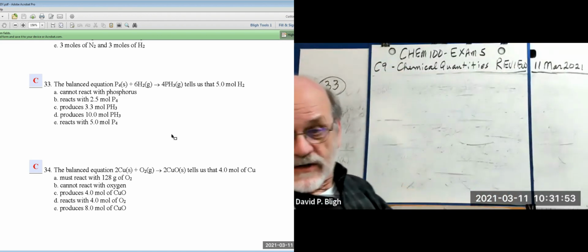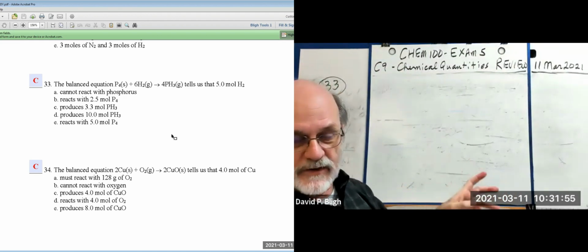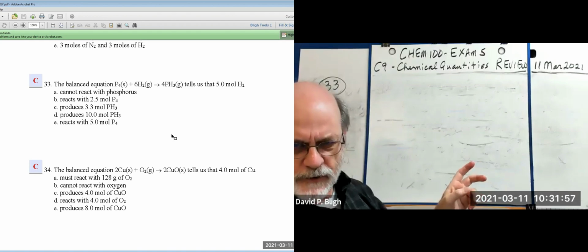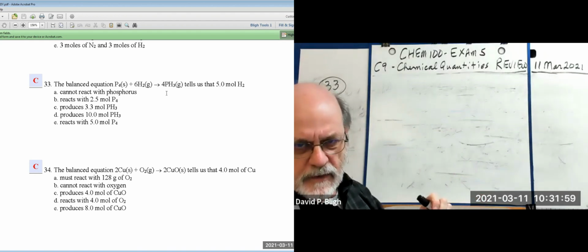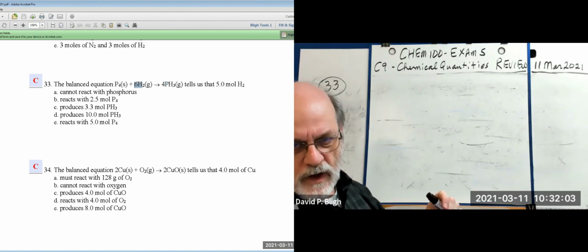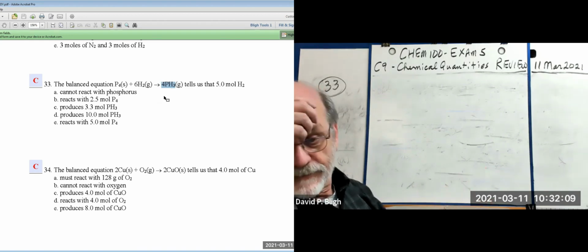The balanced equation, that's nice of them. It's already balanced. Let's see, 4 phosphorus, 4 on both sides. Yeah, there we go. 4 there, 4 there, 12 hydrogens. 4 times 3 is 12 hydrogens. It's balanced.